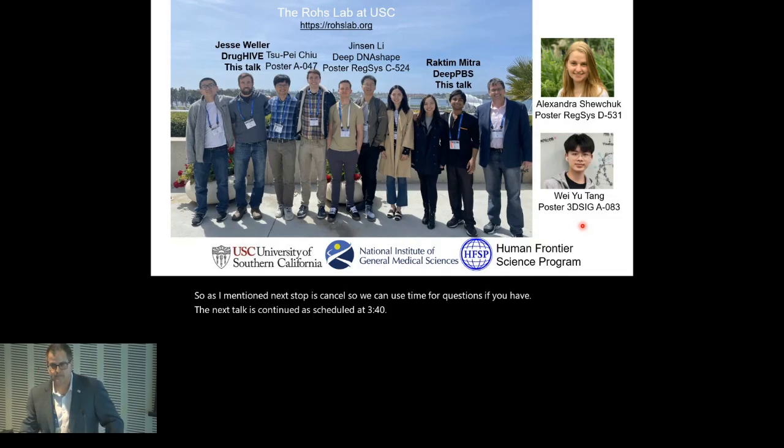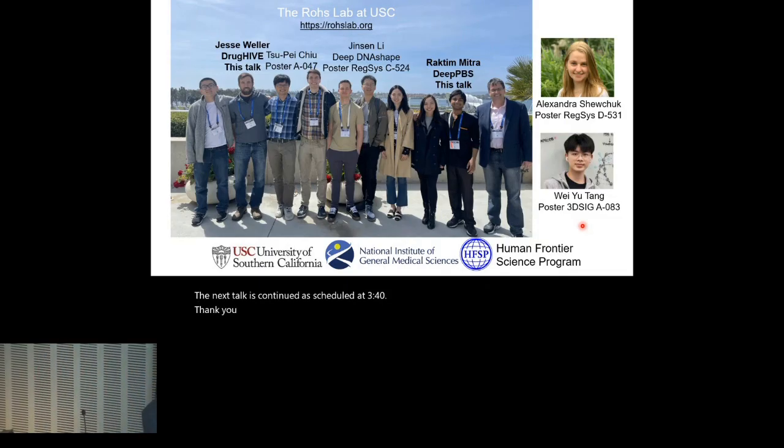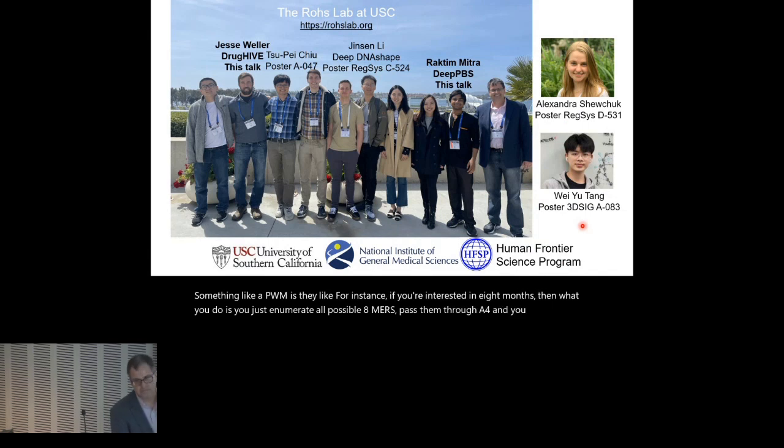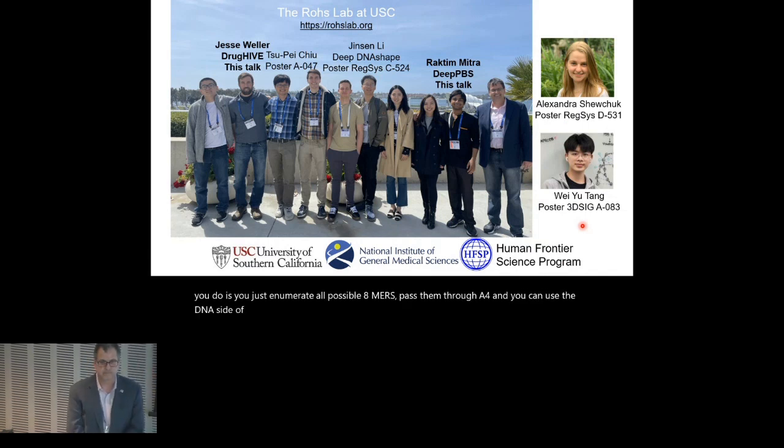Thank you. Hi. I have a somewhat naive question actually. One of the ways people use models like AlphaFold to get something like a PWM is, for instance, say you're interested in 8-mers, you enumerate all possible 8-mers, pass them through AlphaFold, and you can use the DNA side of the LDDT and PAE and other metrics to calculate a position specific DNA motif.